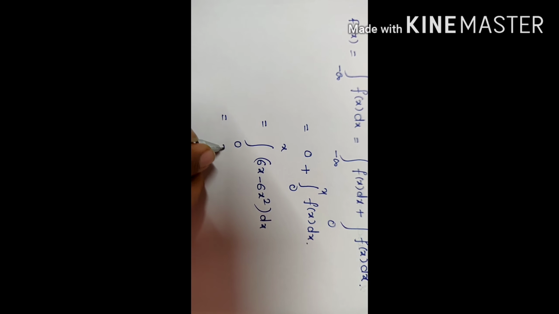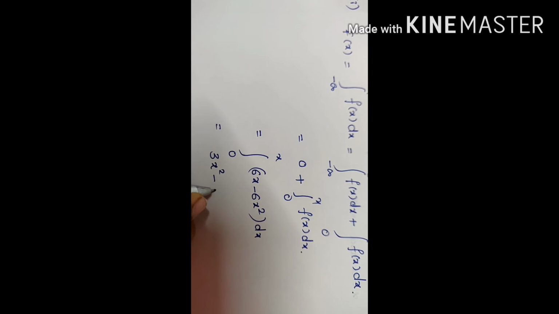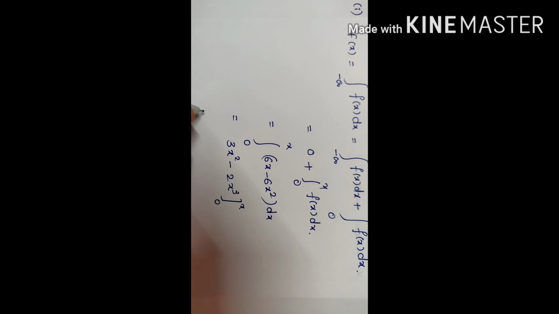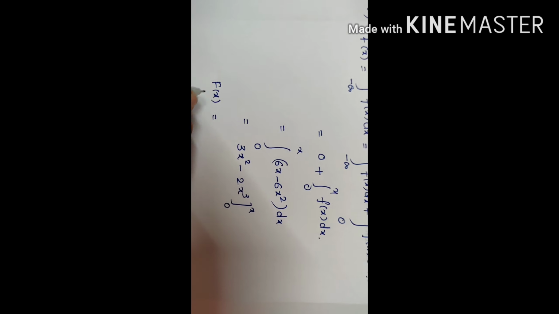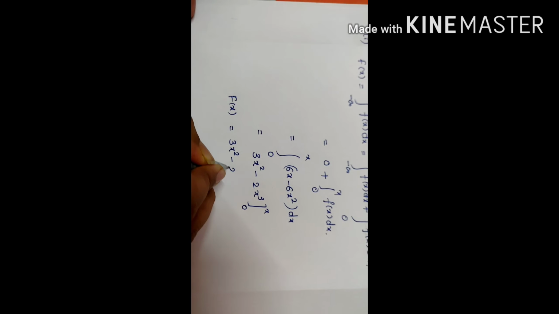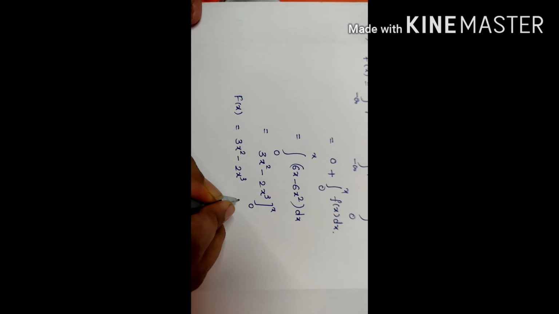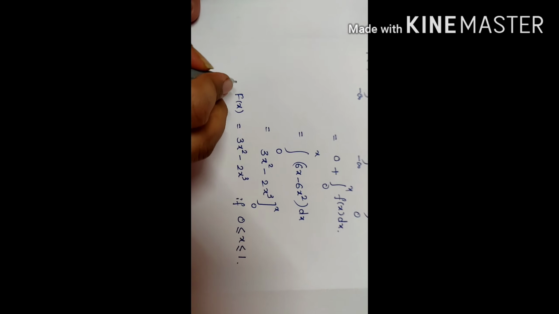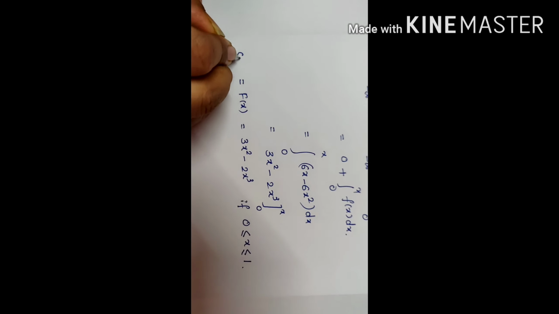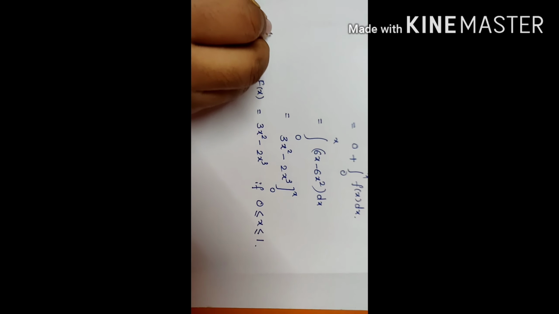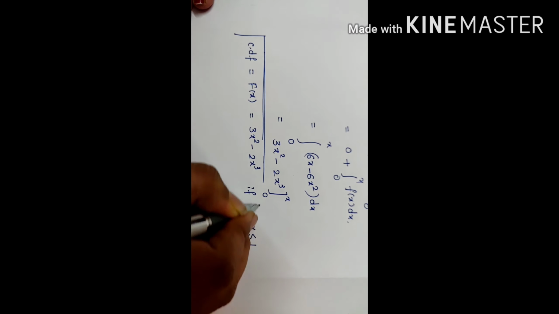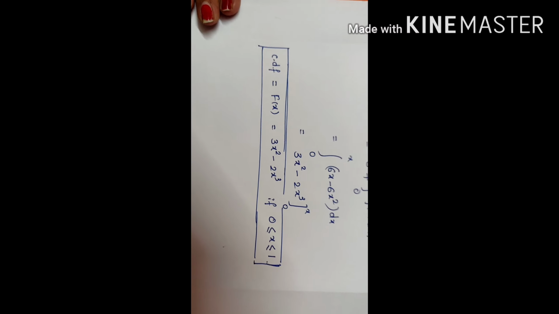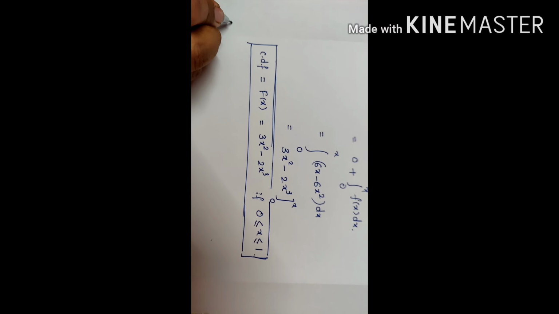When you integrate this, you get 3x square minus 2x cube, with limits from 0 to x. So the cumulative distribution function is 3x square minus 2x cube if x lies between 0 and 1. We are finding the function, not its value. So the CDF of the given PDF is 3x square minus 2x cube for the first example.